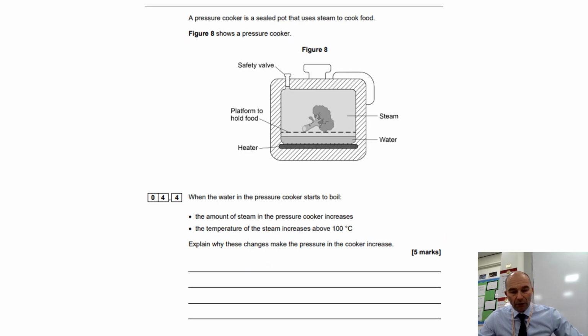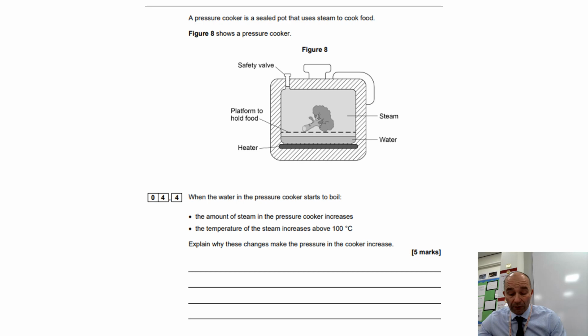And then the next part to this question, we've got our pressure cooker, which is a sealed pot that uses steam to cook foods. And then you've got a diagram showing how it works. Now, when the water in the pressure cooker starts to boil, the amount of steam in the pressure cooker increases. The temperature of the steam increases above 100 degrees centigrade.